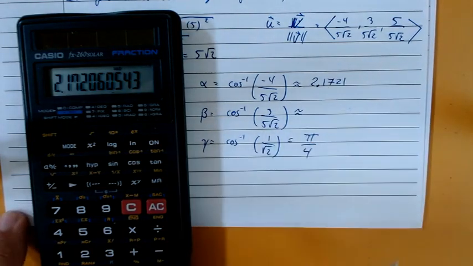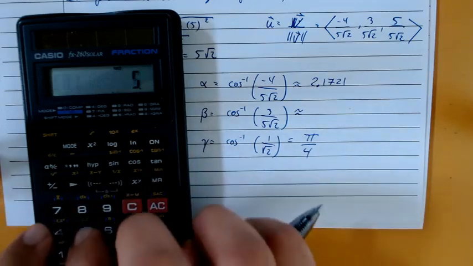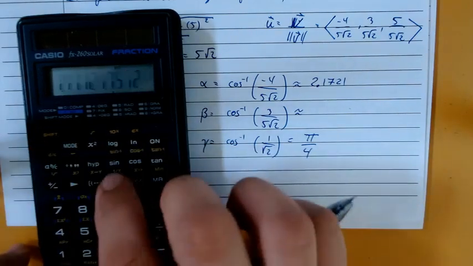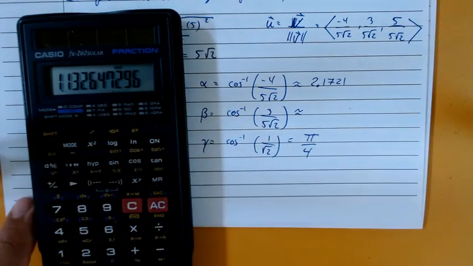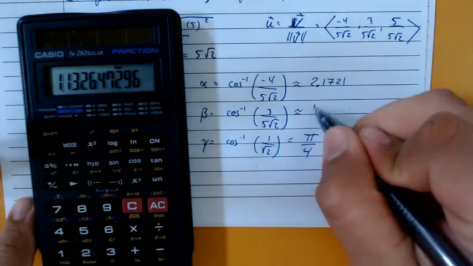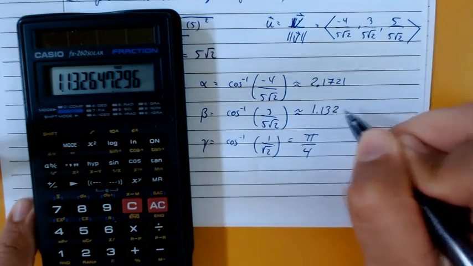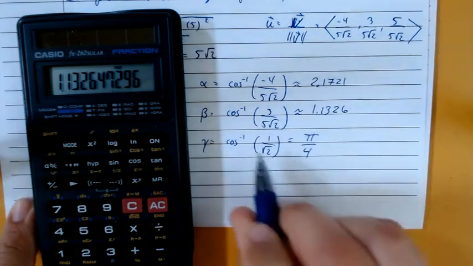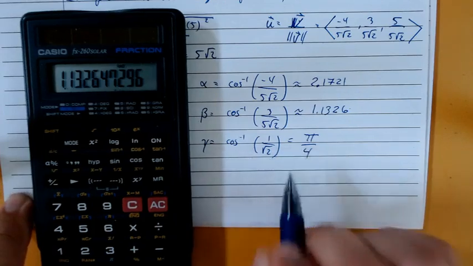But for the most part, we're going to do radians in this class. 3 divided by 5 times root 2 is equal to that. Then I can take the inverse cosine of that, and that'll give us 1.1326. And then here the inverse cosine of 1 over root 2, that's pi over 4.